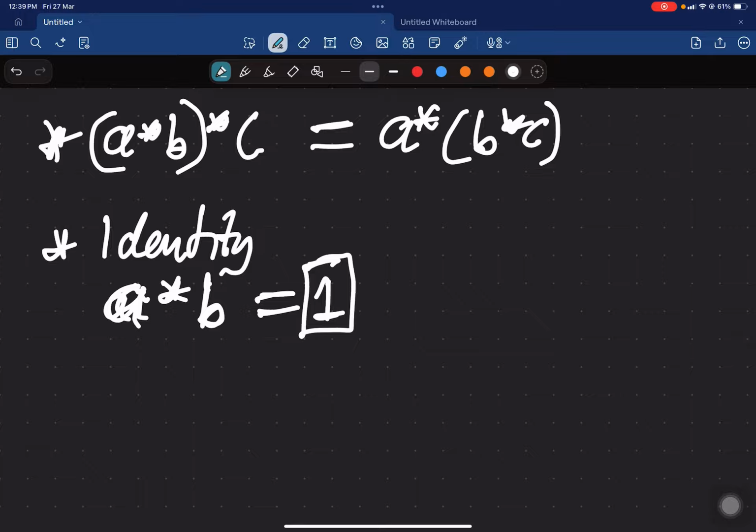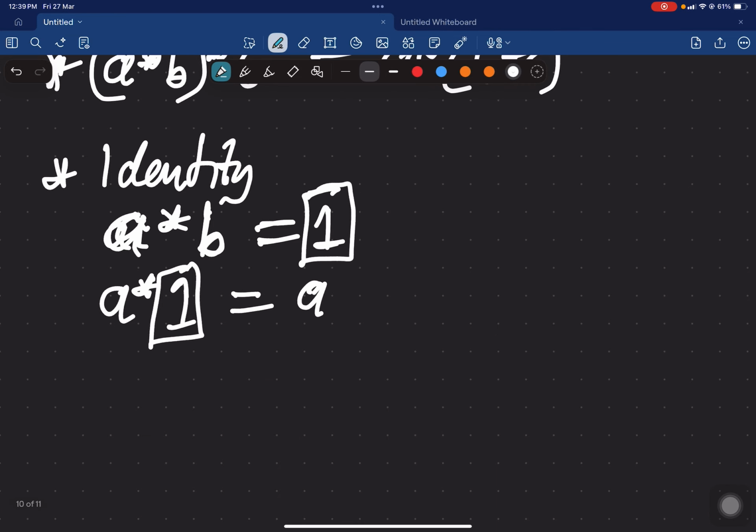In another fashion, when you multiply any natural number by 1, then we should get what? A again. So our multiplicative identity in this case is 1. Whatever natural number you have times 1 gives the same natural number. So 1 here serves as our multiplicative identity.